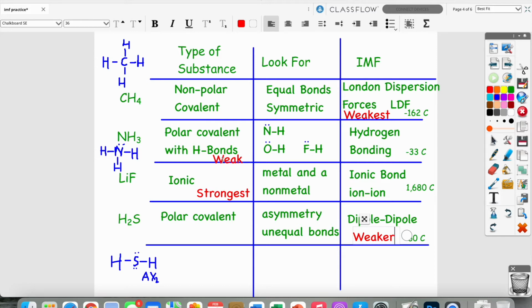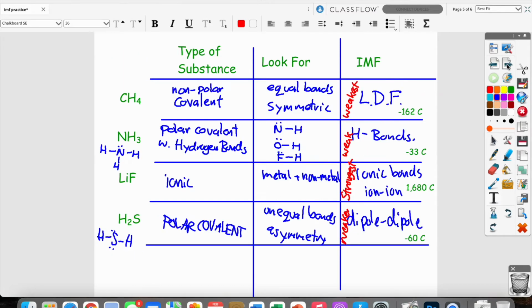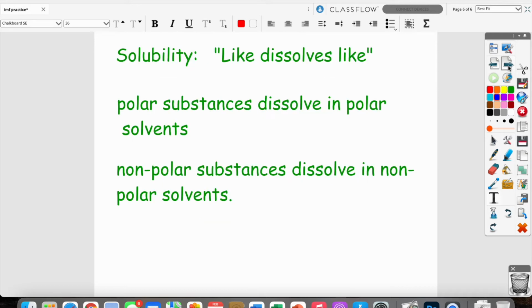So H2S stays a gas until -60 degrees Celsius. Ammonia, which is the stuff you have on your sink, NH3, has a weak attraction, and it vaporizes at -33, so not a lot higher than H2S. And then LiF, which is ionic, doesn't boil until well over 1,000 degrees Celsius. So you can see that is the strongest. After going over this, we talked about solubility.